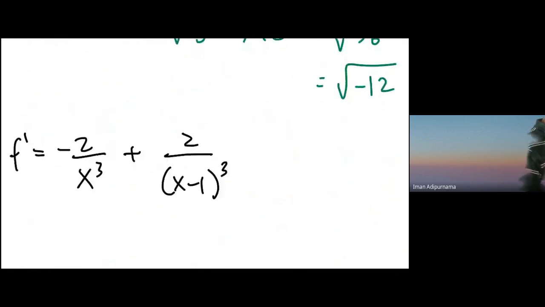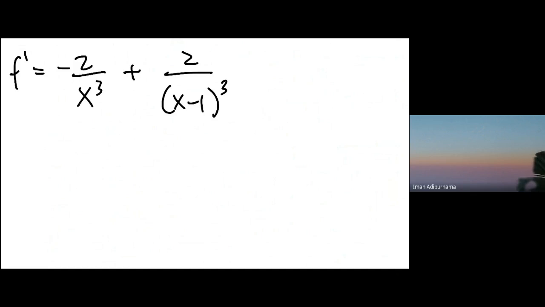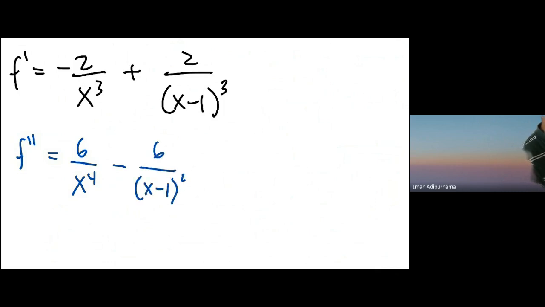So we derive this function. Deriving f prime gives f double prime, and it becomes 6 divided by x to the power of 4, and then plus 6 over (x minus 1) to the power of 4.